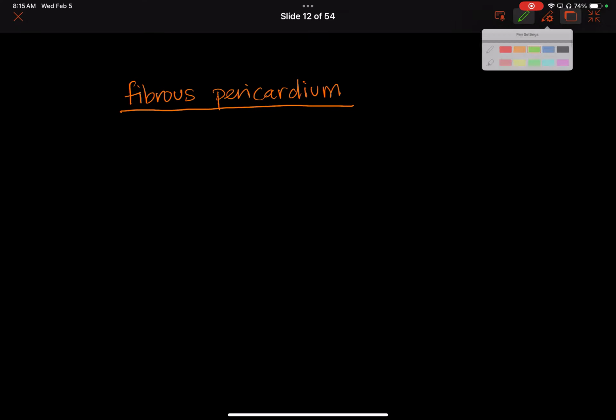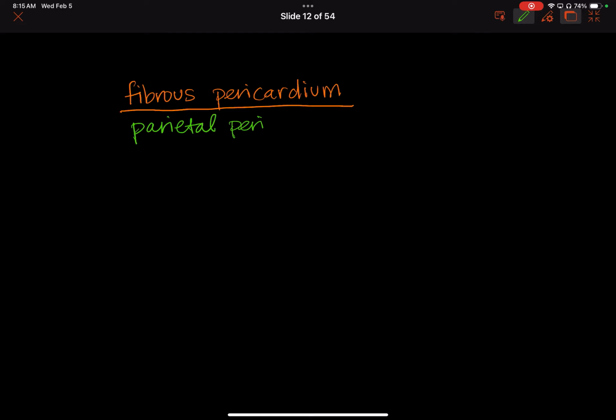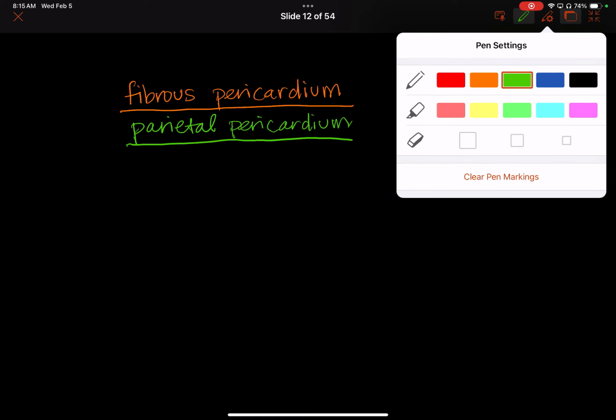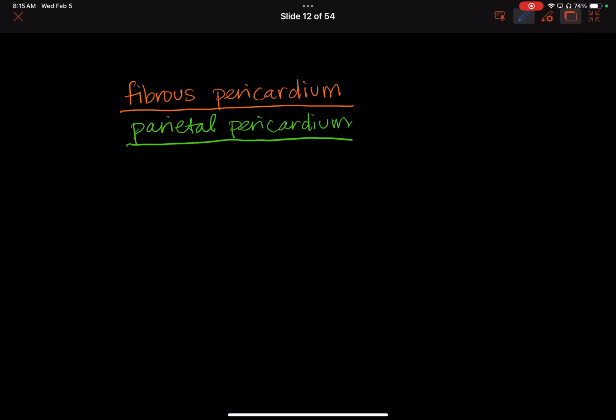And then we have the parietal pericardium. And then we have the visceral pericardium. But it is also referred to as the epicardium.